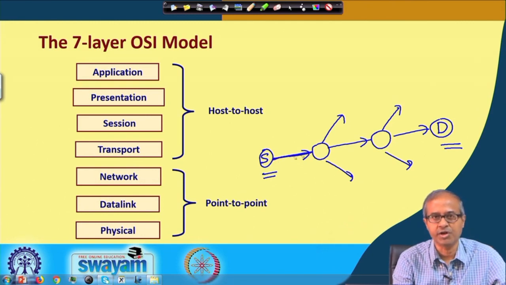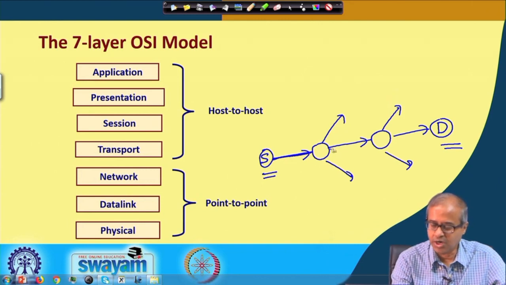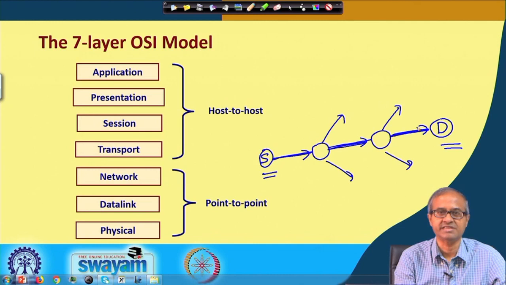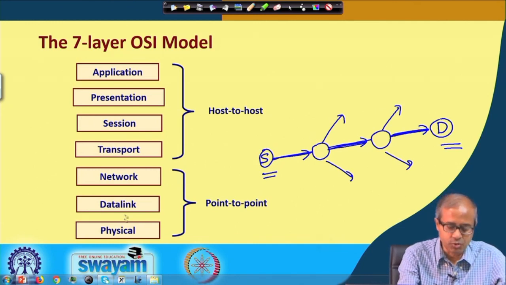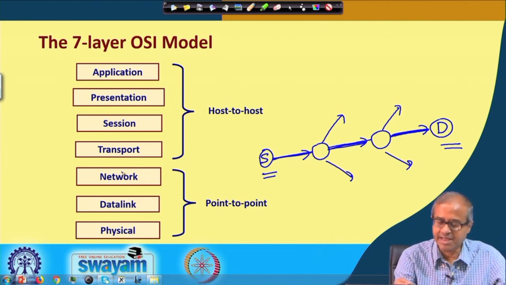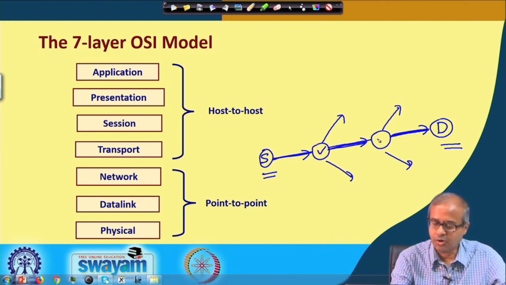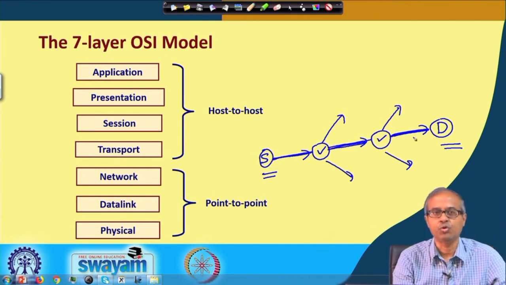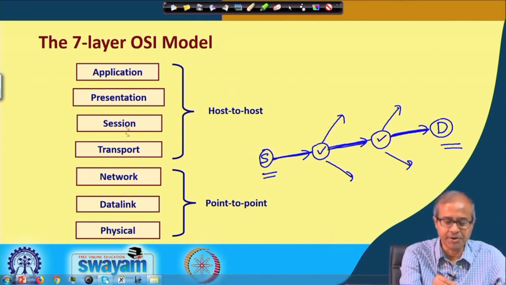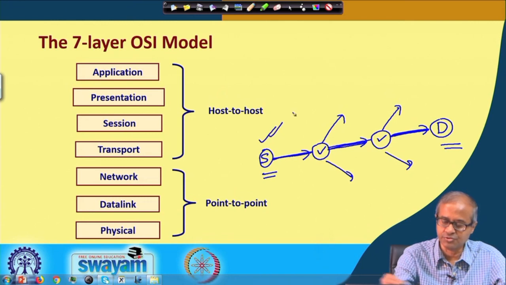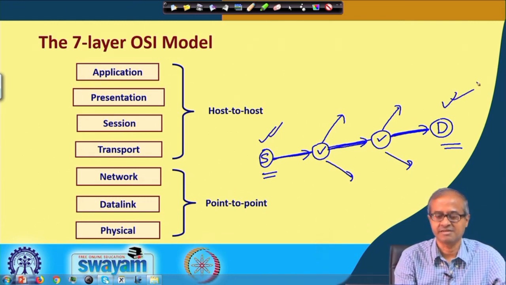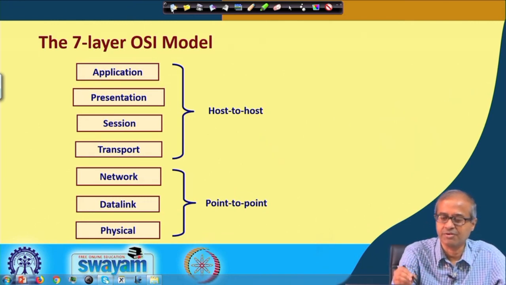So, there is 1, 2 and 3. There are 3 point to point links, and the lower 3 layers, physical, data link and network, will be active in all these intermediate nodes also, but the upper 4 will be active only in the source and the destination. I will show a diagram.